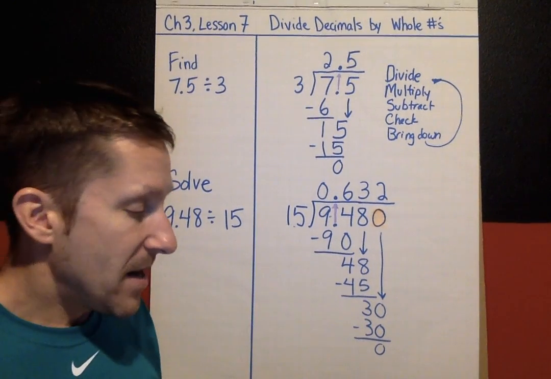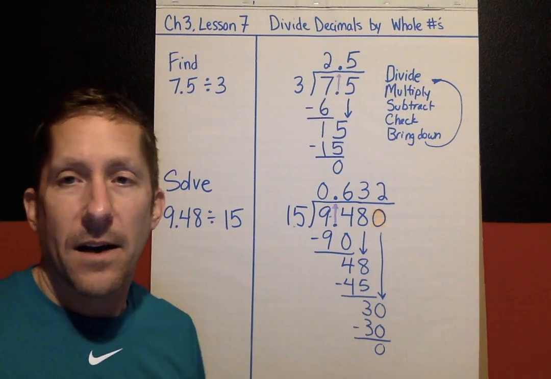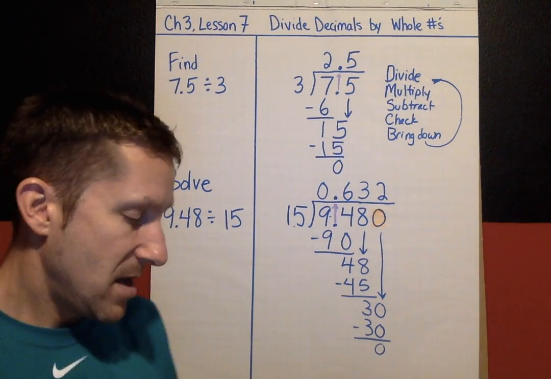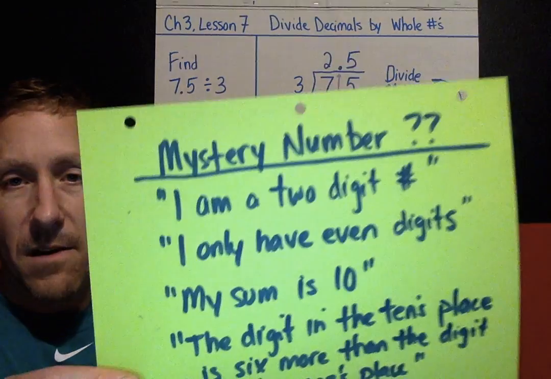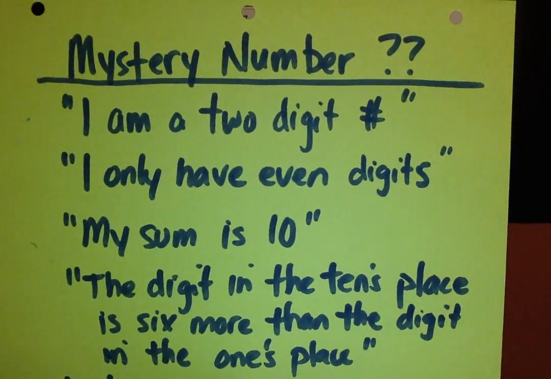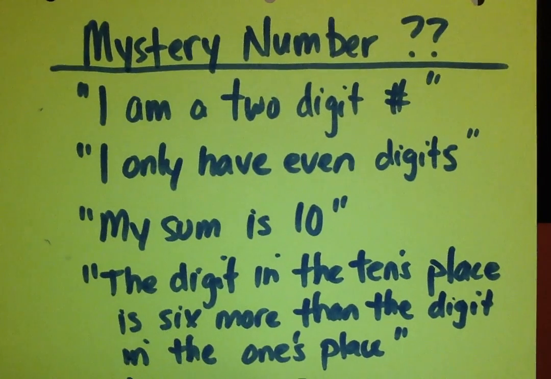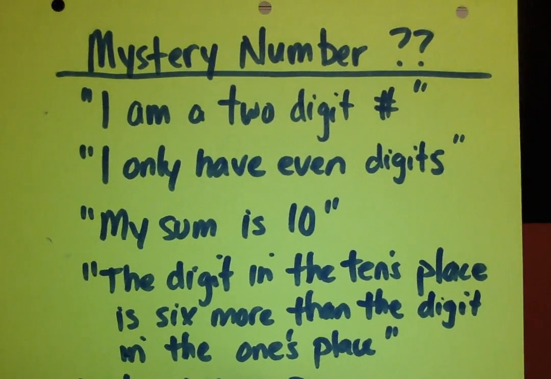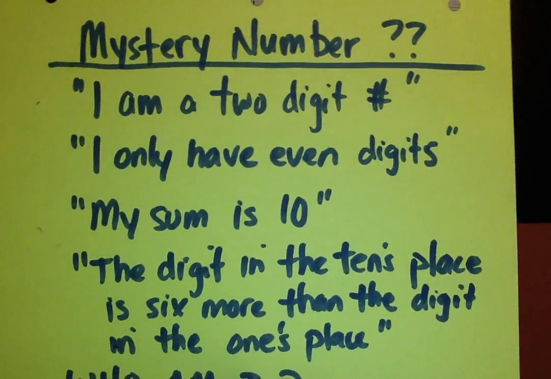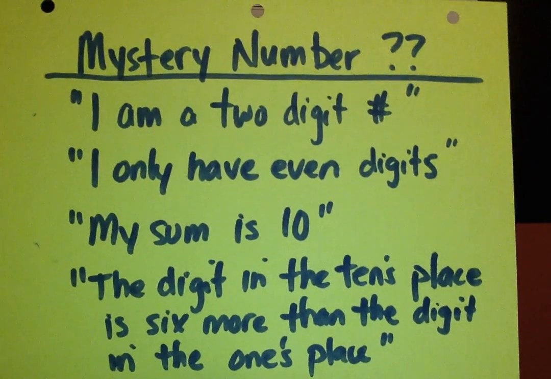All right, here is the mystery, the hidden treasure puzzle. It's a mystery number. Here are the clues. I am a mystery number. Okay, so it's a number, and it has to meet all the clues. I am a 2-digit number. Next clue, I only have even digits.